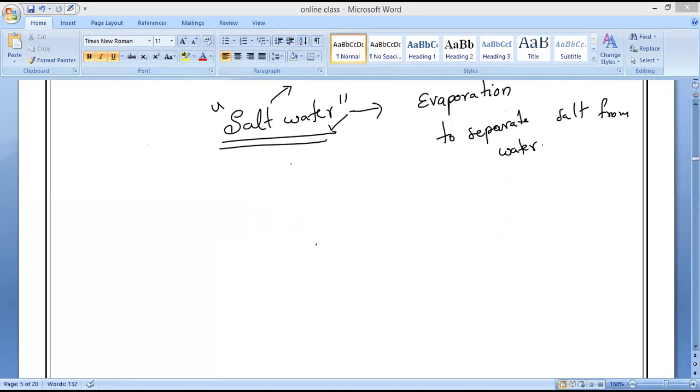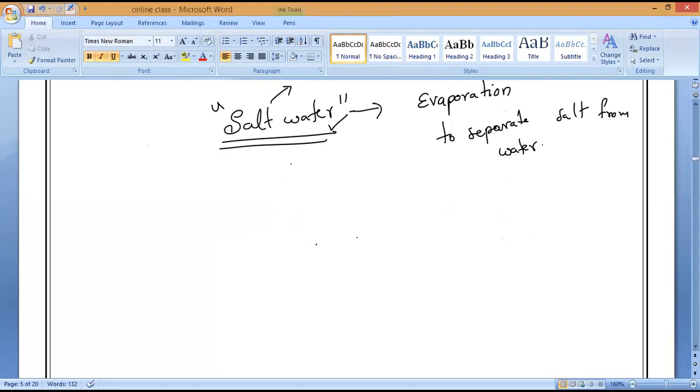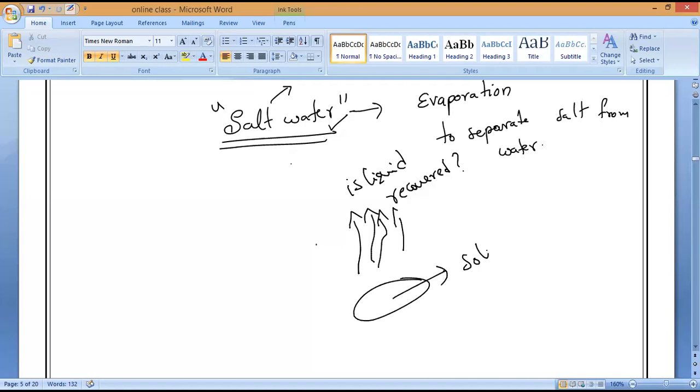What is the disadvantage of evaporation? I am evaporating the liquid, but is the liquid recovered? Is not recovered. It is entering into gaseous state, but only solid is recovered. That is what you have to remember.